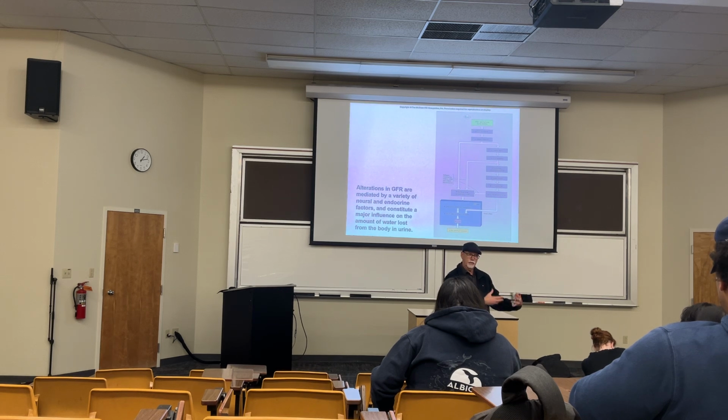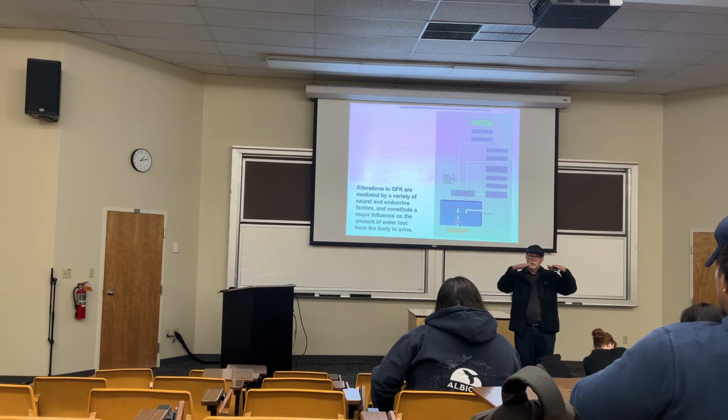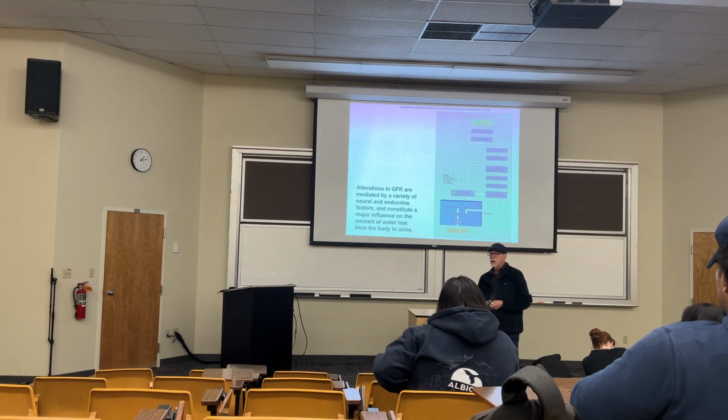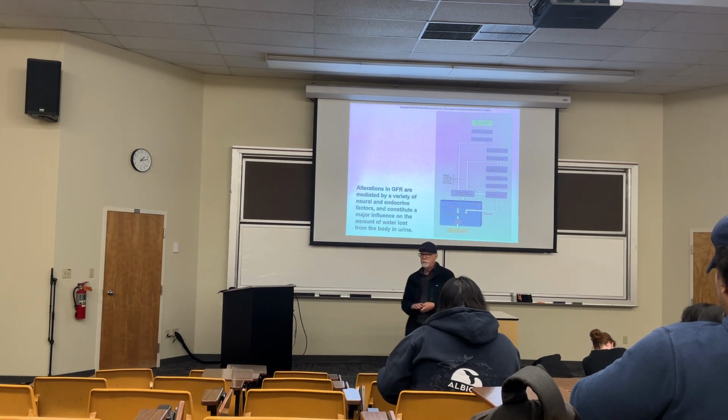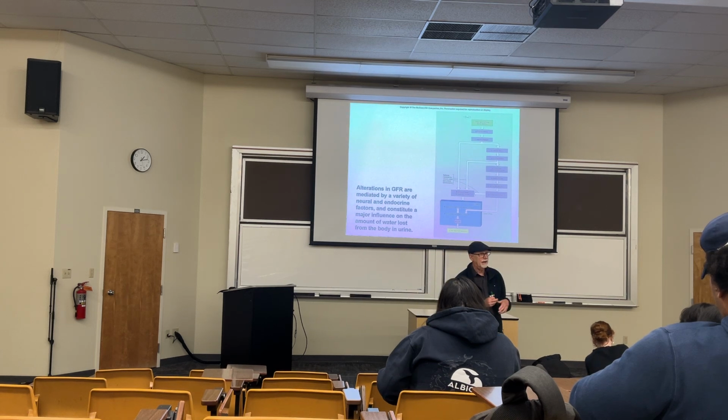Now, how can we decrease, let's say, our glomerular filtration rate? Well, just the fact that our blood pressure is going down could decrease it because we'd have less pressure to filter. But we can also change the diameter of our afferent and or efferent arterioles.